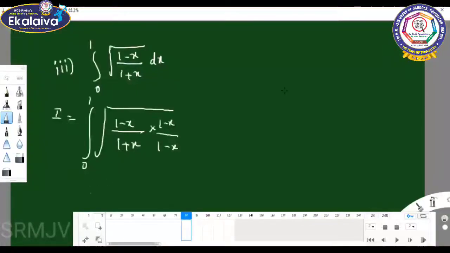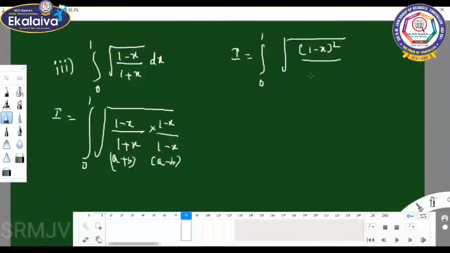So what is the value? I equal to integral 0 to 1 root of (1 minus x) the whole square, using (a plus b) into (a minus b) equals a square minus b square, by 1 minus x square.